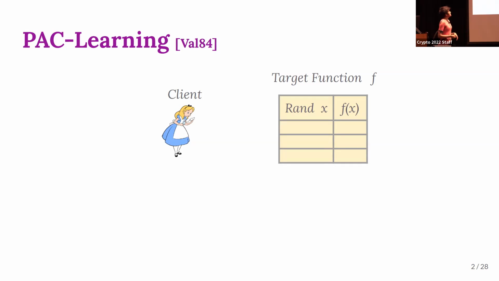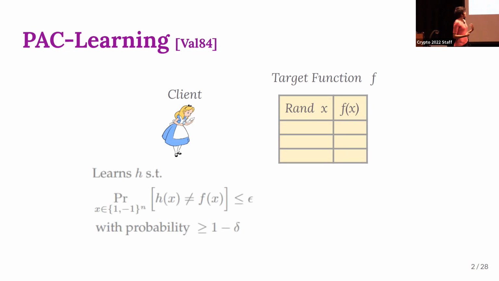In this model, a client is attempting to learn a target Boolean function using a table of random examples. Its goal is to learn a function which is close in L1 distance to the target function with high probability.